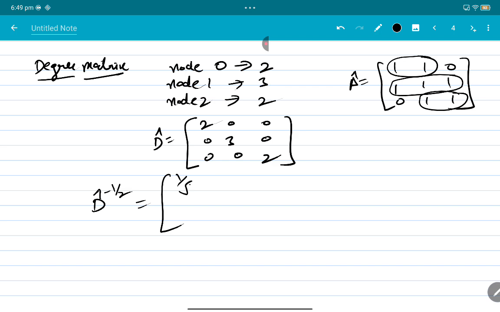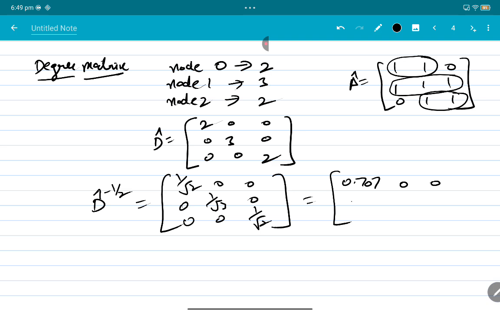So the first element would be 1 by root 2, 0, 0, then 1 by root 3, 0, and then 1 by root 2. So 1 by root 2 is simply 0.707, and 1 by root 3 is 0.517, and similarly 1 by root 2 is also 0.707. Now we have created our D hat inverse square root.